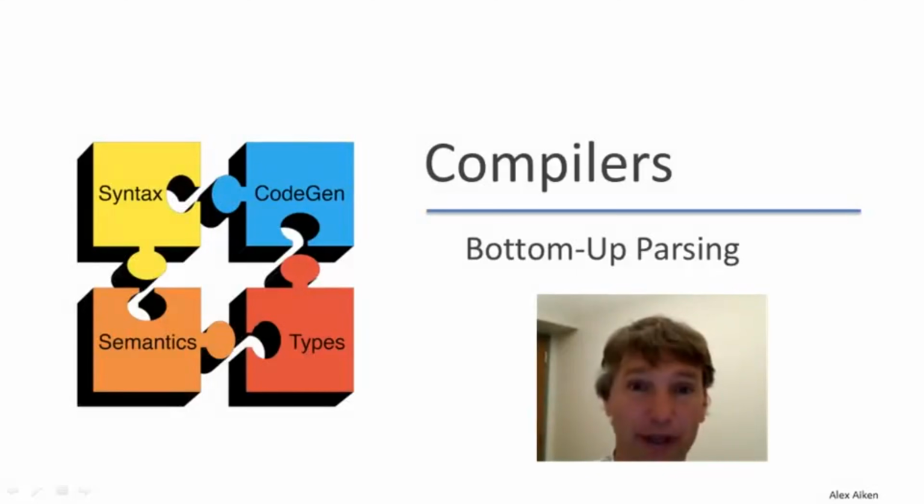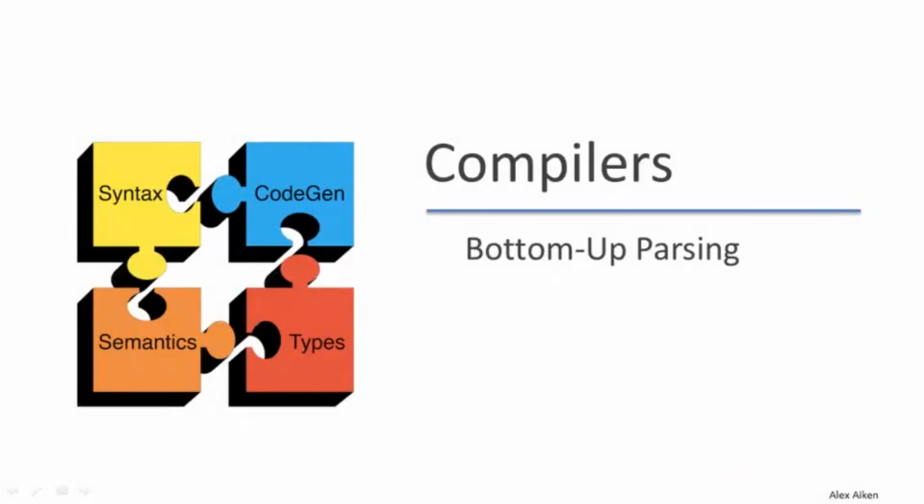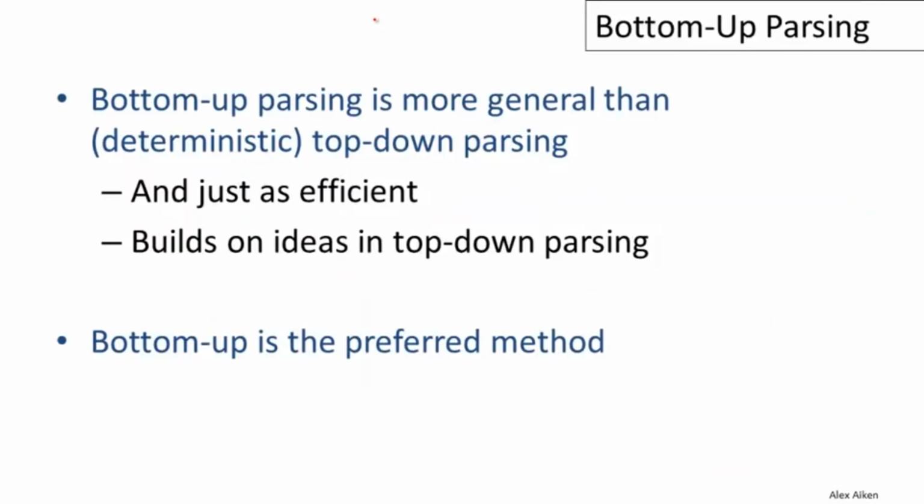This is the first of what will be a considerable sequence of videos on bottom-up parsing. The first thing to know is that bottom-up parsing is more general than deterministic top-down parsing. Recall we talked about recursive descent, which is a completely general parsing algorithm but requires backtracking.